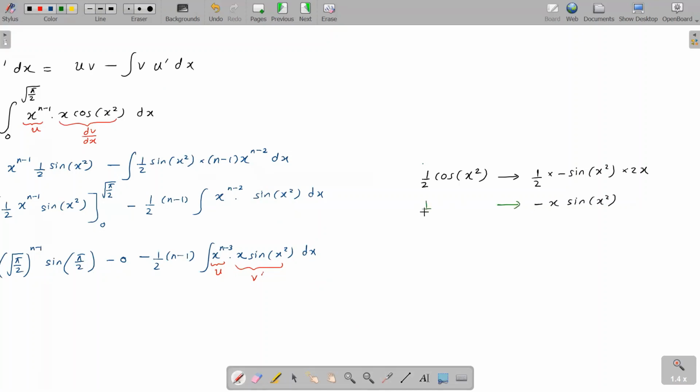Okay, so how do I get rid of that? Yeah, we can multiply with a minus on both the sides. So what does that tell you? So basically, x sine x to the power 2, this is the differentiated side, right? So if I go to the integrated side, then the integration of x sine x square is minus half cos x square.